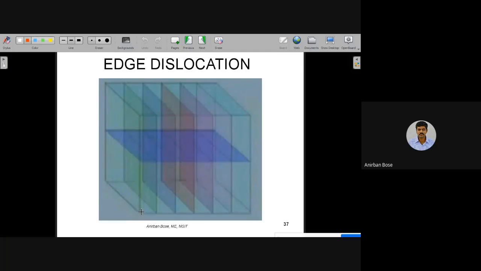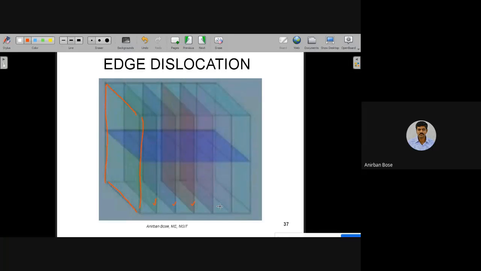This is one of the vertical planes. In this way you can see there is another vertical plane.